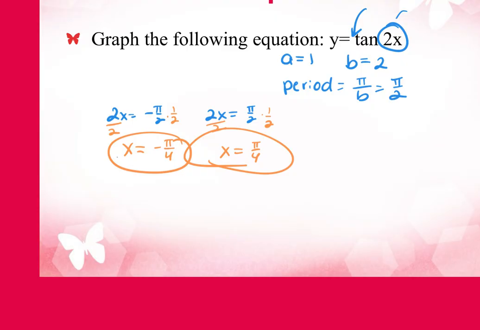Then from the one on the left, I'm going to subtract the period. The period's pi over 2. So I'm going to do x equals negative pi over 4 minus pi over 2. And to the one on the right, I'm going to add the period. So I take x equals pi over 4 and I add pi over 2.